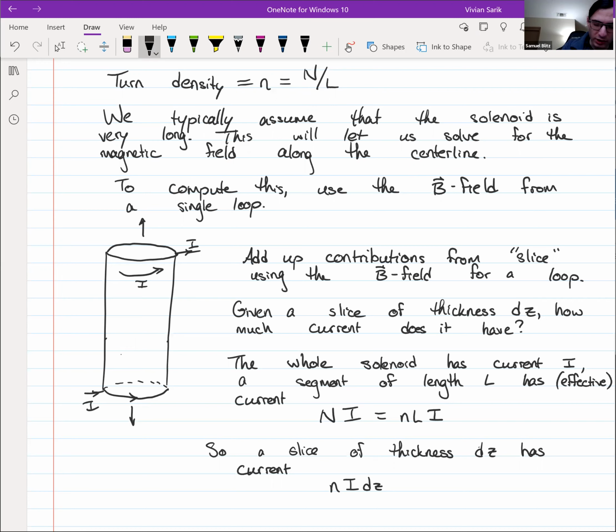So we have our little infinitesimally small slice, current going around it, equal to n times I times dz. Let's say we want to know the magnetic field at that point. So it's along the center line, but we don't know what the value is.